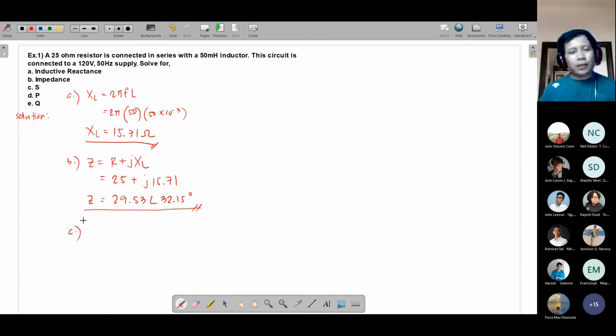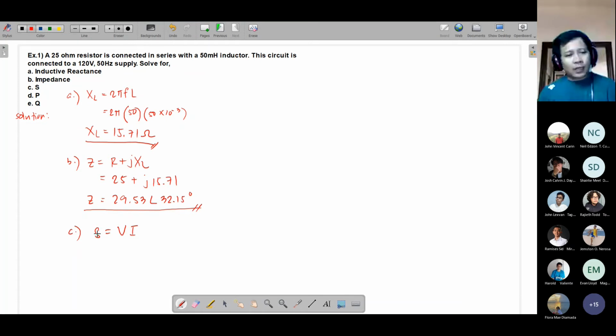Next, letter C, the apparent power S. Recall, apparent power S is equal to V times I. Now, if you only need the magnitude of the apparent power S, then you only need the magnitude of voltage and current.